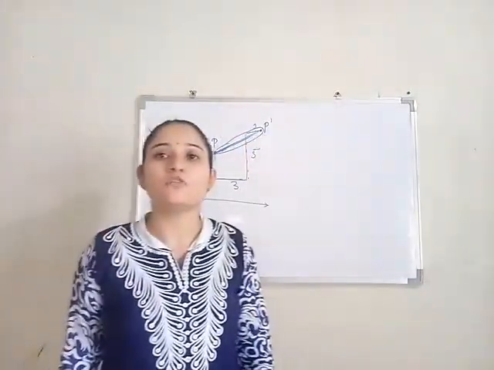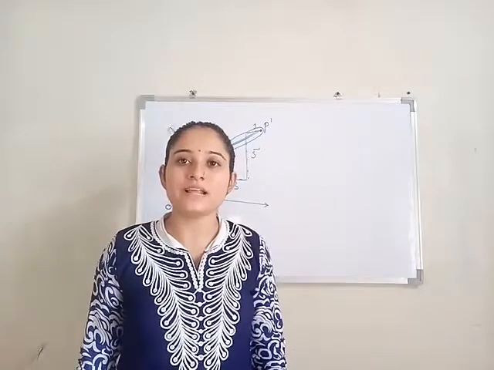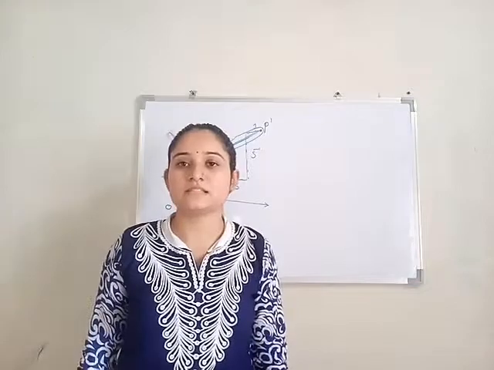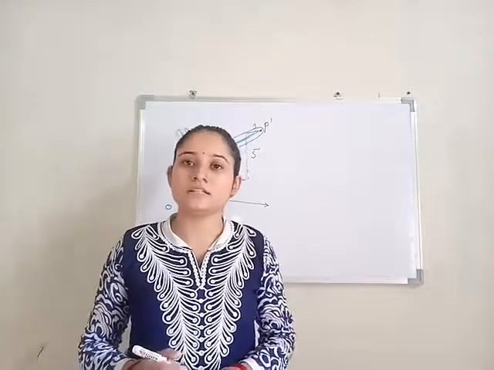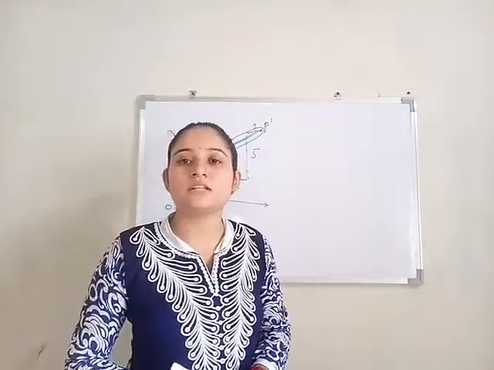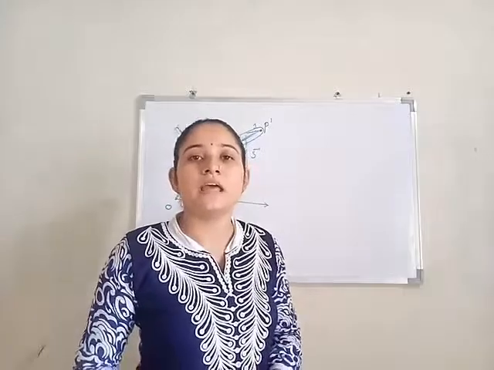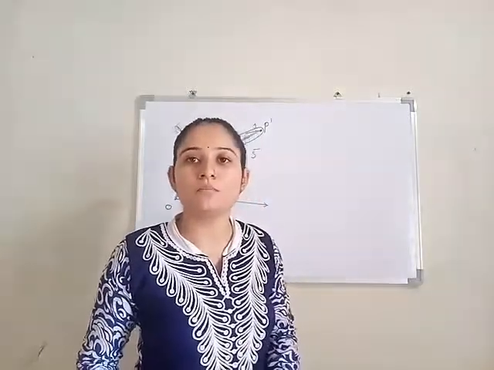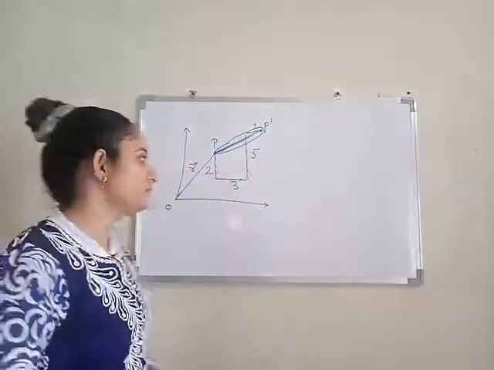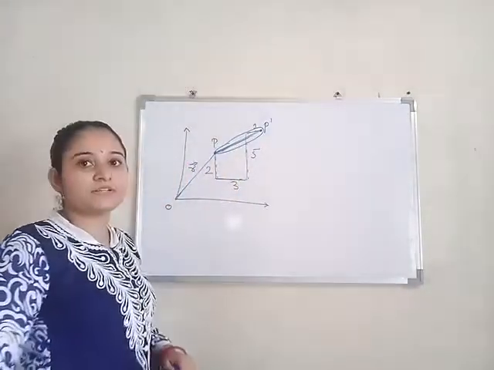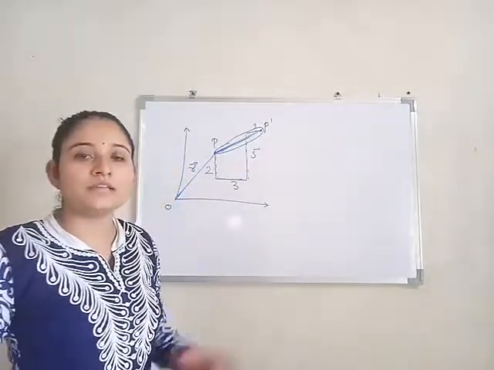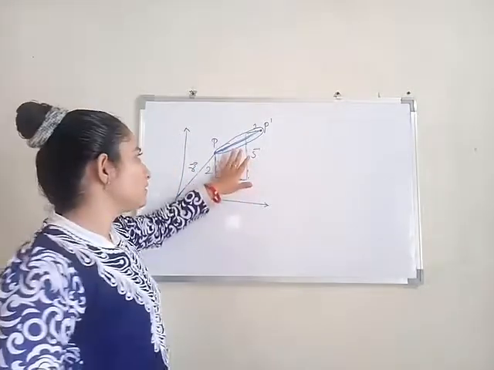The unit of distance and displacement are same, that is meter. The SI unit is meter. Other than that, you can measure the distance or displacement in any unit from centimeter, meter, kilometer, etc. But this SI unit, standard international unit, is meter of any distance or length or displacement.